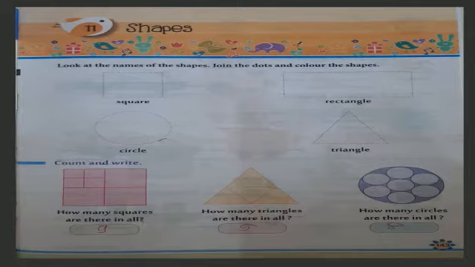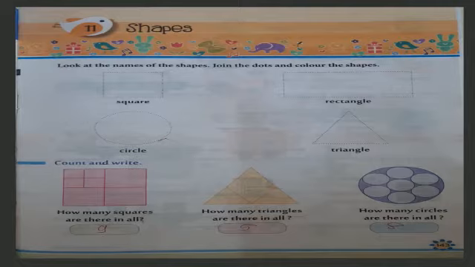It is count and write. Here we have to count the total number of shapes from the given picture and write the answer in the below box. See the first one. It is a square.